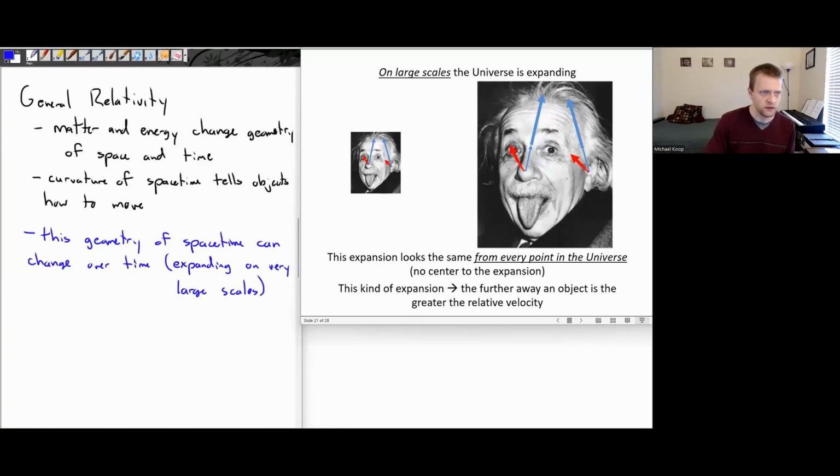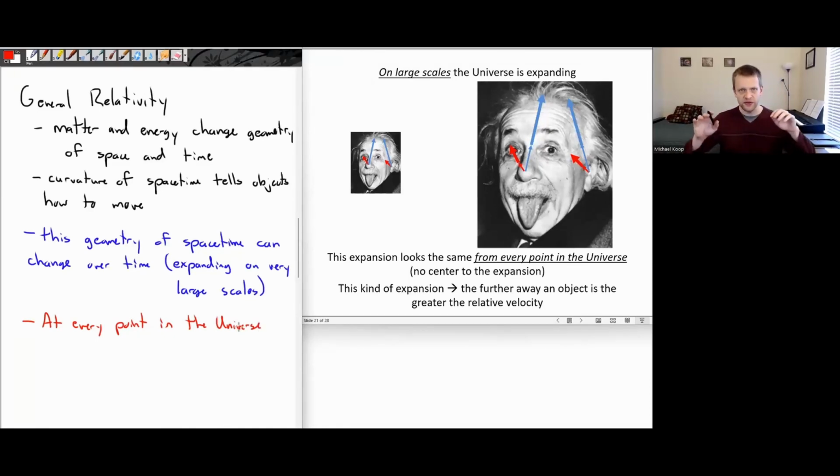So for this model, at every point in the universe, they see this expansion where everything is expanding away from them, and the further away that object is, the faster it's expanding away from you.